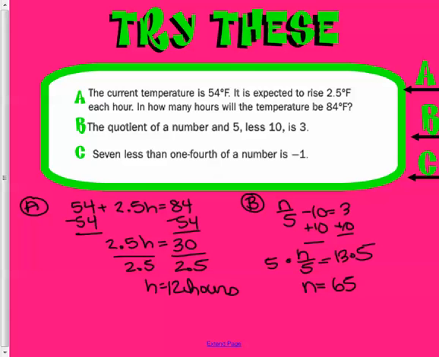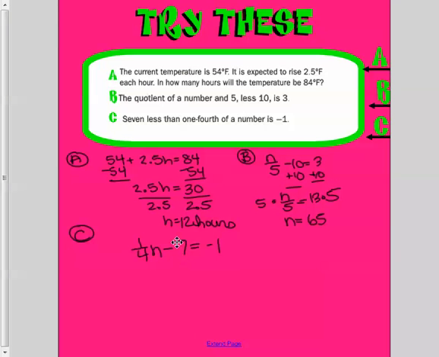On C, it's 1/4 of a number and take 7 less, and you get negative 1. So add 7 to both sides, and we have 1/4 n equaling 6. So use the reciprocal and multiply, which means you're just multiplying by 4, and 6 times 4 is 24. That's all I have for you today. See you next time.